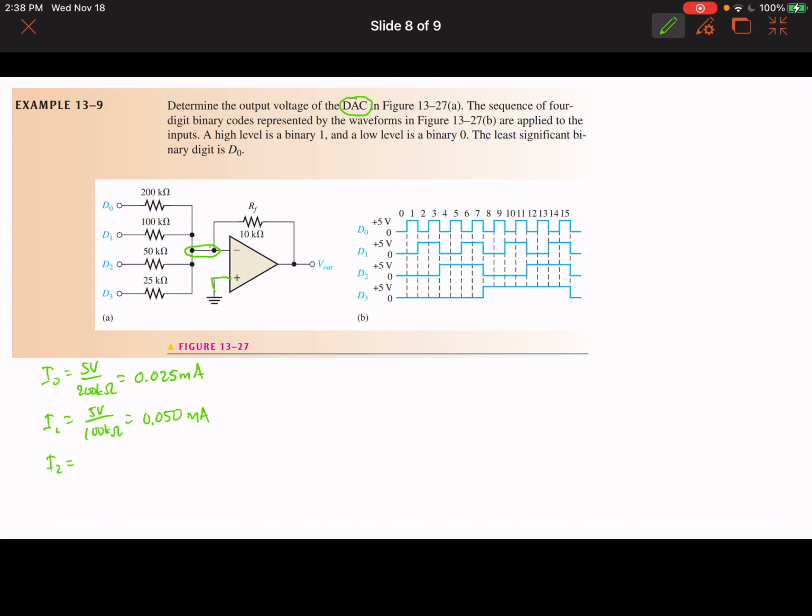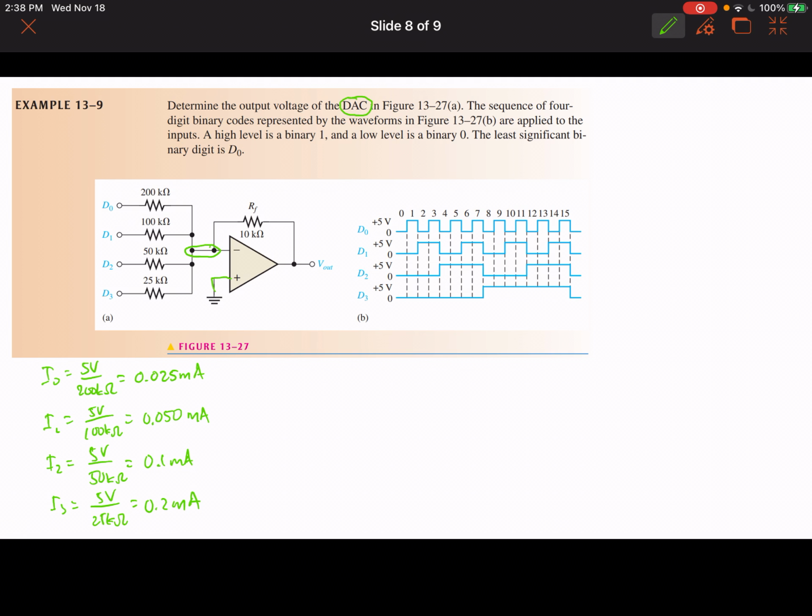For I2, this gives us 5 volts over 50 kilo ohms, or this is equal to 0.1 milliampere, and for I3, this is equal to 5 volts divided by 25 kilo ohms, or 0.2 milliamperes.